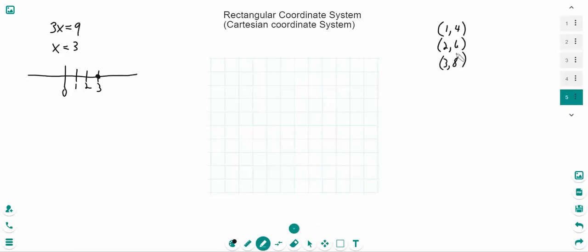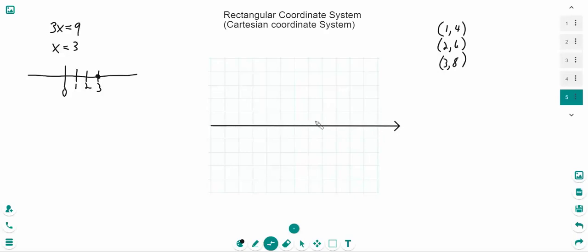So when we talk about the rectangular coordinate system or the Cartesian coordinate system, we're actually talking about a system of two number lines. So we're going to draw one number line, and maybe we'll do it in black. One number line here, and this should have an arrow on both sides.